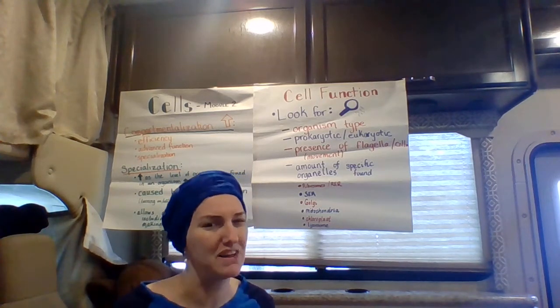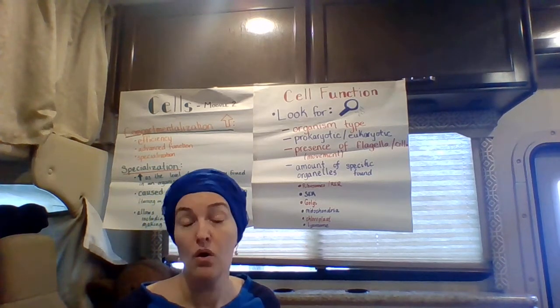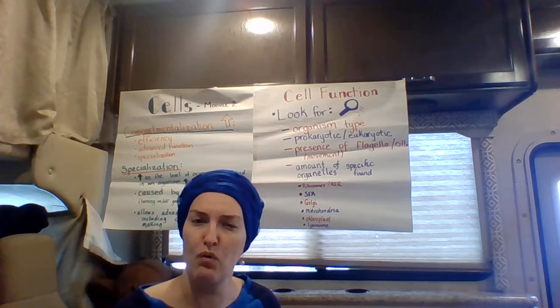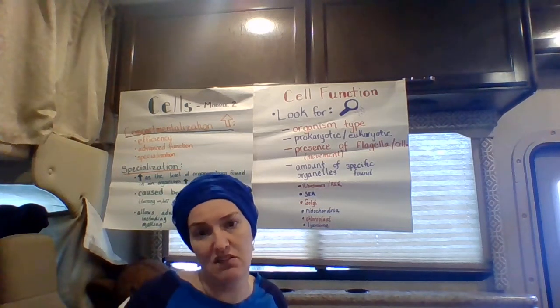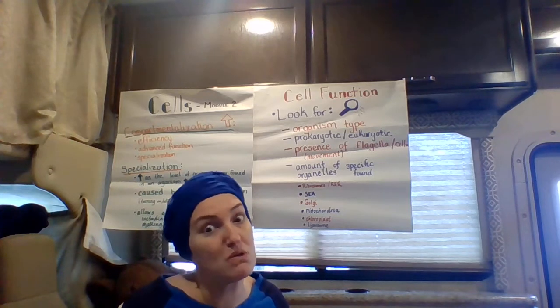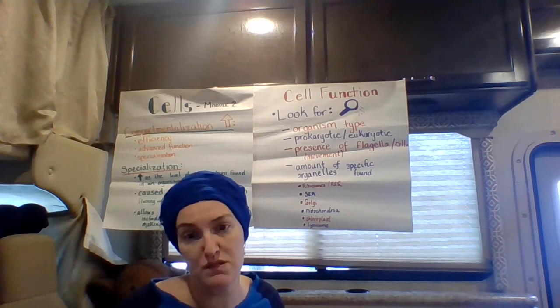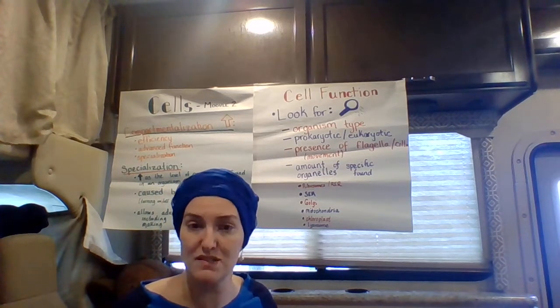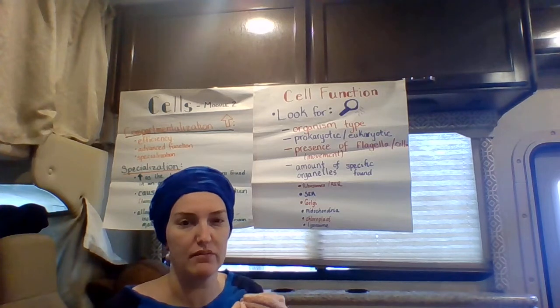So if it talks about a lot of it, we start thinking about why it would need so much, right? Or thinking about what those proteins could do inside the cell. Like, most likely, if it's a muscle cell, they're going to have a lot of ribosomes and RER because they need a lot of proteins to be able to move. So we just kind of think about how that could relate.